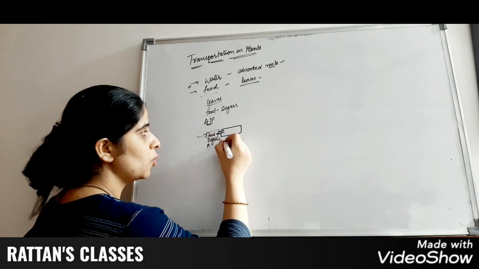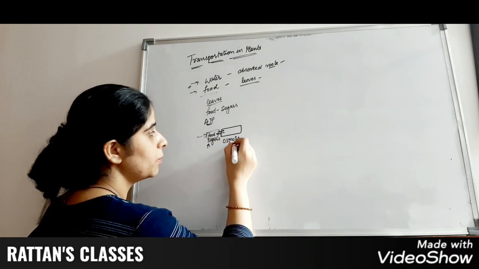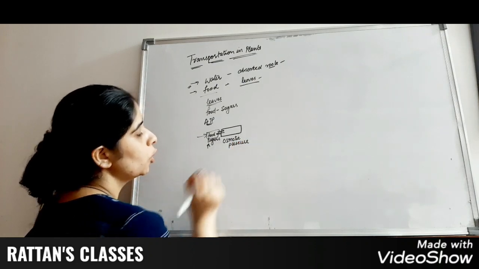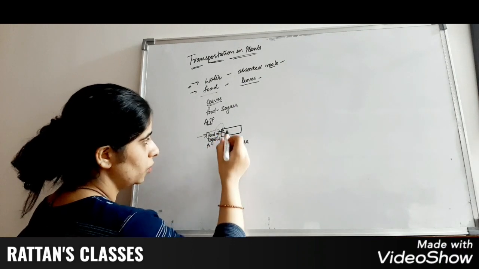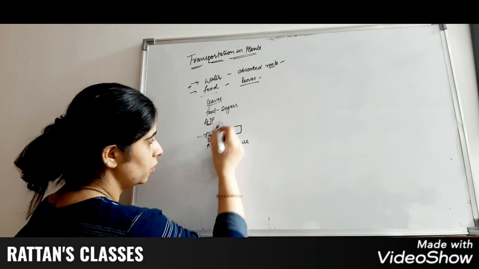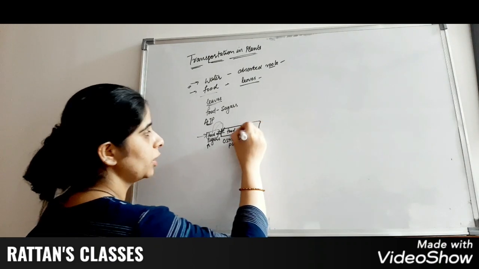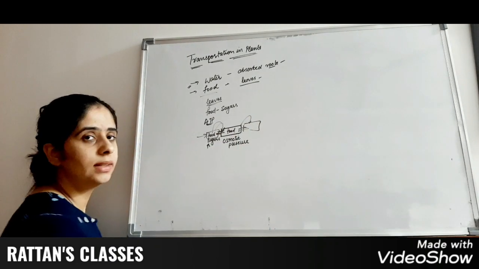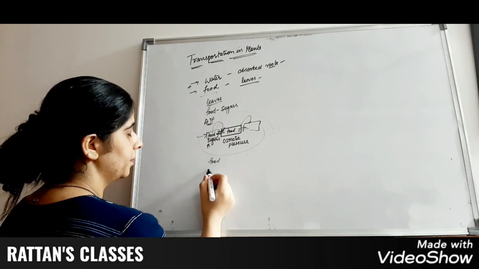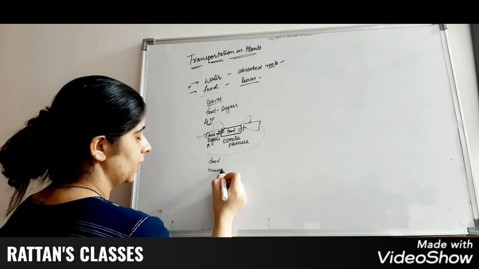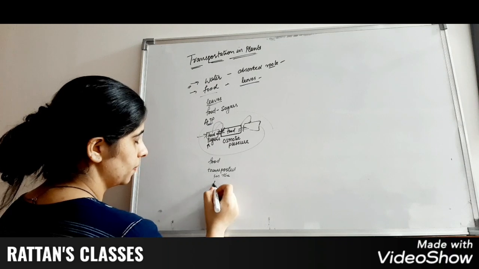There will be an osmotic pressure between two cells. To maintain this osmotic pressure, the food will move to the next cell. Again, to maintain the osmotic pressure, the food will move to the next cell. This is how the food is transported in the plants.